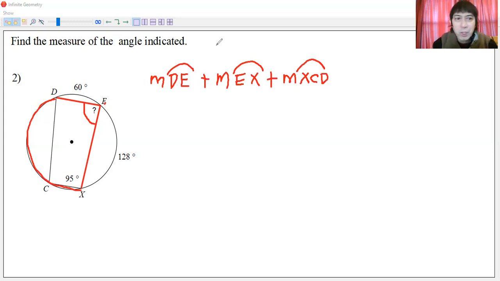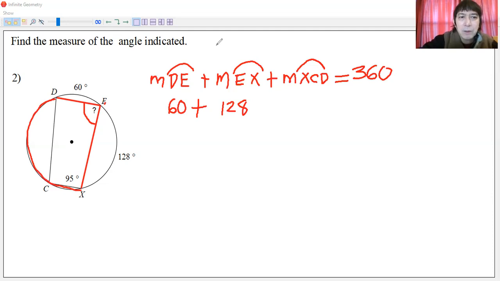Okay, that will be one full circle, and so this will be equal to 360. All right, let's put the given: arc DE is 60, arc EX is 128. There. And so we are solving first for arc XCD.